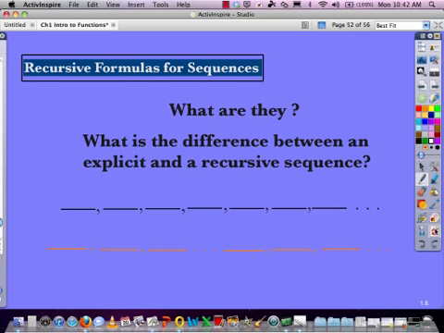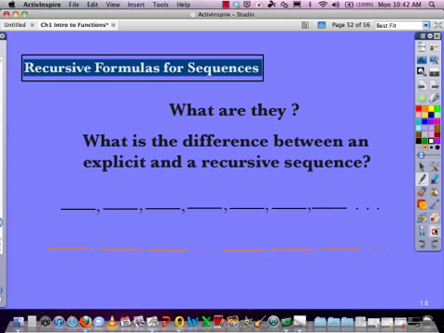But it does mean you have a repetitive pattern, and you're going to have to use something that you previously evaluated to get the next thing. A repetitive process is being used, recurring over and over again in your work.